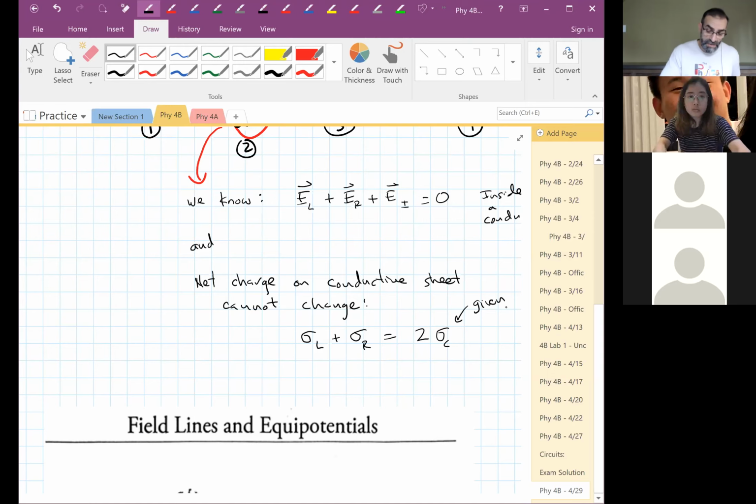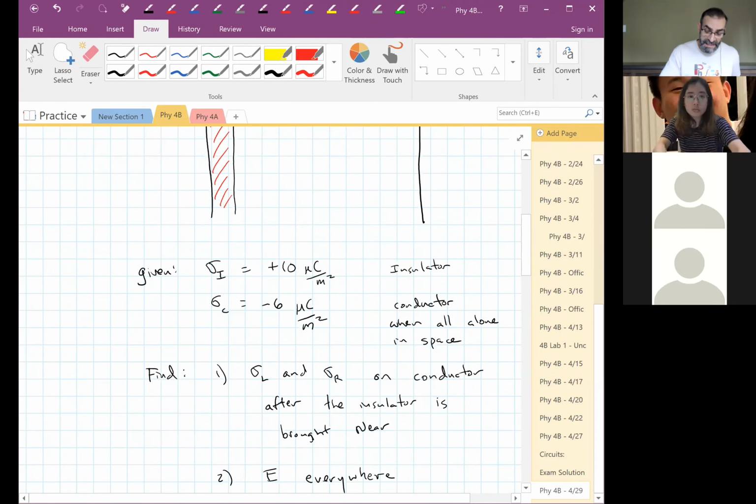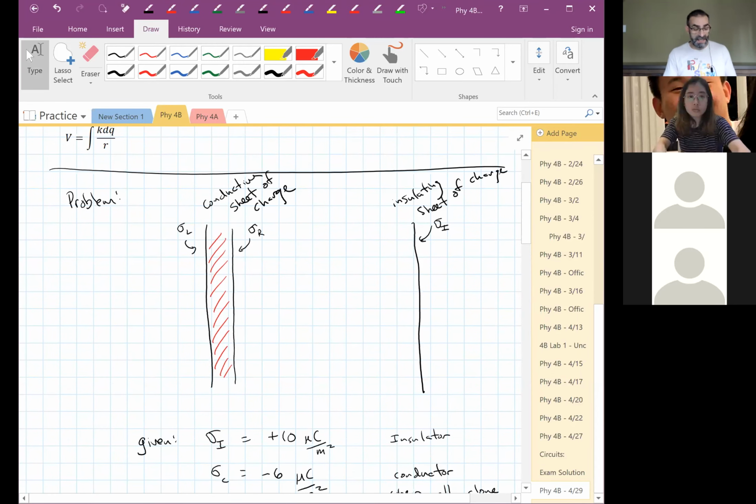The reason I don't draw thickness for the insulating sheet is because we know the insulating sheet also has to have some thickness to it, right? But when we start adding charges to that sheet, we put a charge here, we put a charge here. An insulator, what's the definition of an insulator? The charge can't move. It has to stay right there.